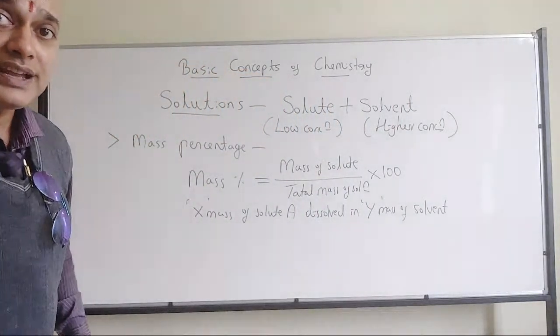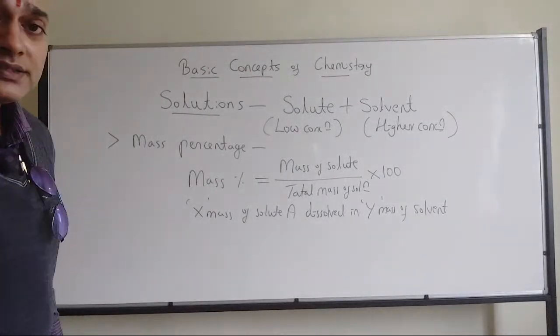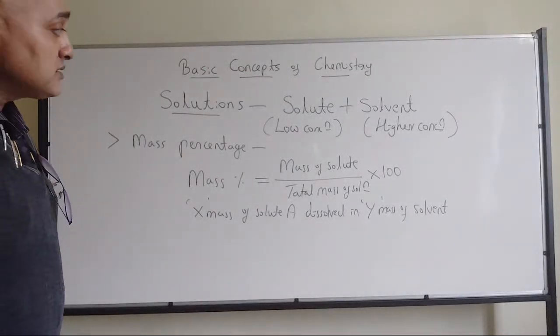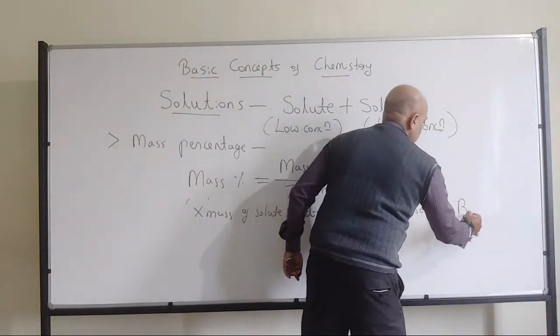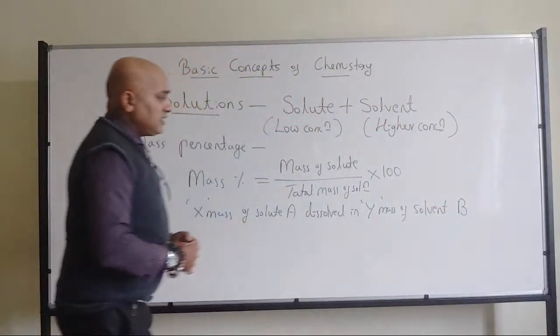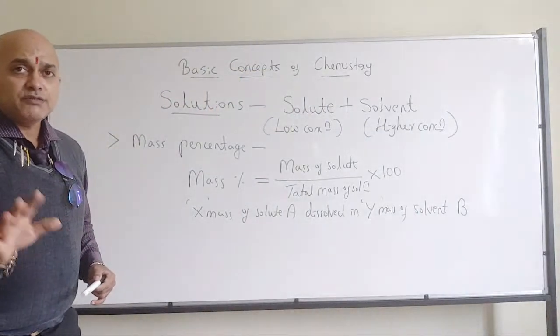So what I mean to tell here is X mass of solute A was dissolved in Y mass of solvent B. Right? So we will imagine, it's a general one I am telling.